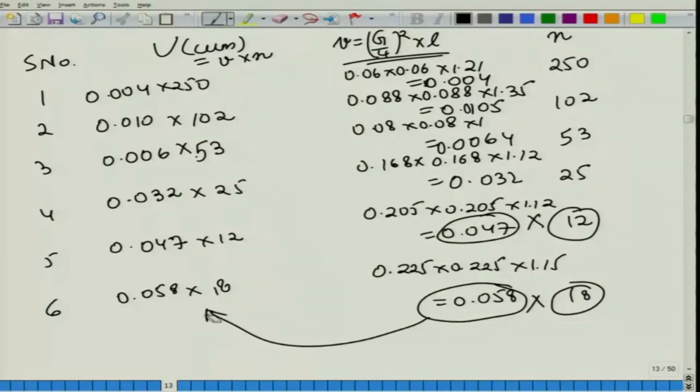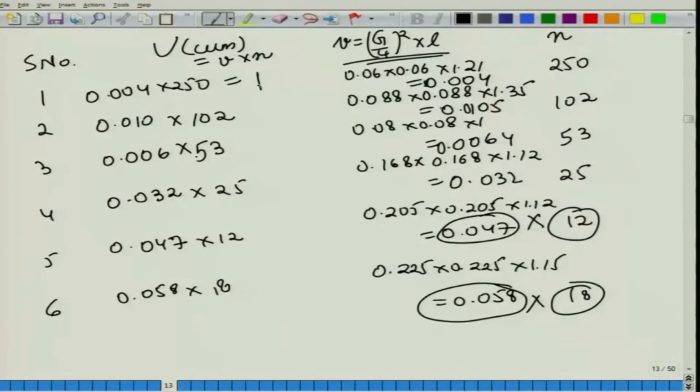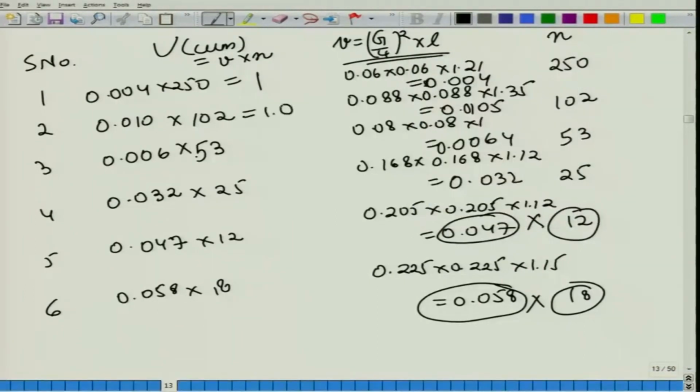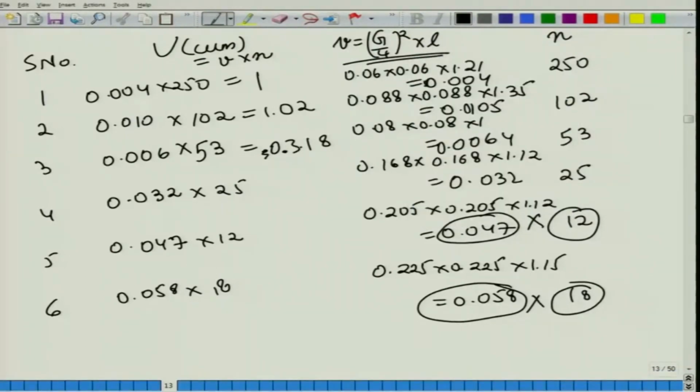So, let us now do these calculations. 0.004 into 250 is 1, then we have 0.01 multiplied by 102, that is 1.02, then this will be 6 3s are 18, 0.006 into 53, which is 0.318.